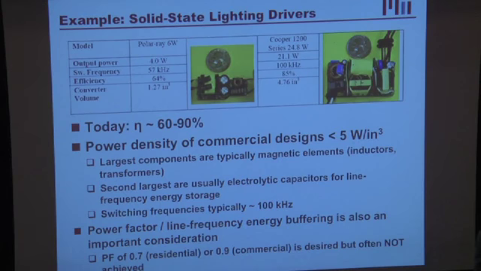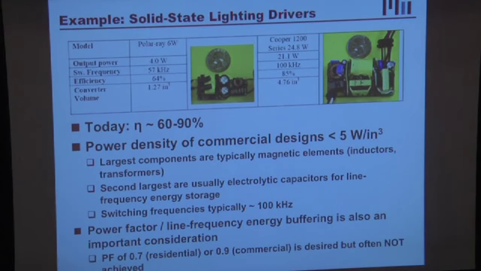Okay? Now, another measure of what you would like in these drivers is power factor. And power factor is really a measure of utilization of the source. In some sense, you can think of power factor as meaning how much dissipation I induce back in the utility in order to draw the power I'm drawing from the utility.